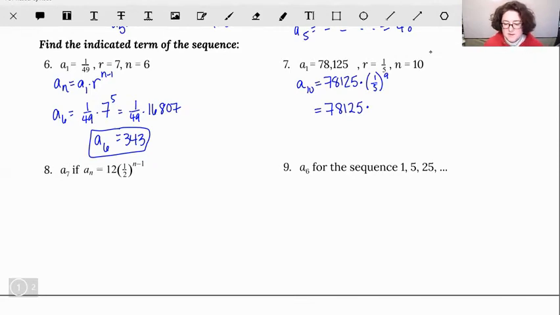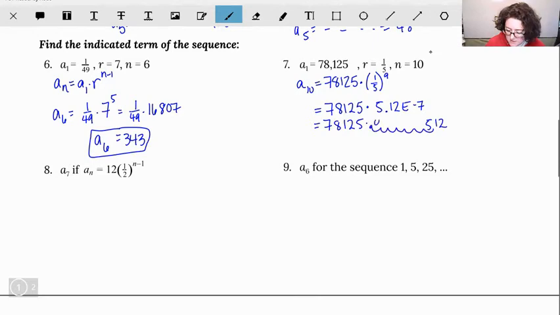So 1/5 raised to the 9th power is actually going to get you this funky decimal, 5.12 e to the negative 7. So that really just means we're moving our decimal point 7 places. So we have 512, but move it over. So 1, 2, 3, 4, 5, 6, 7, and all these leading zeros.